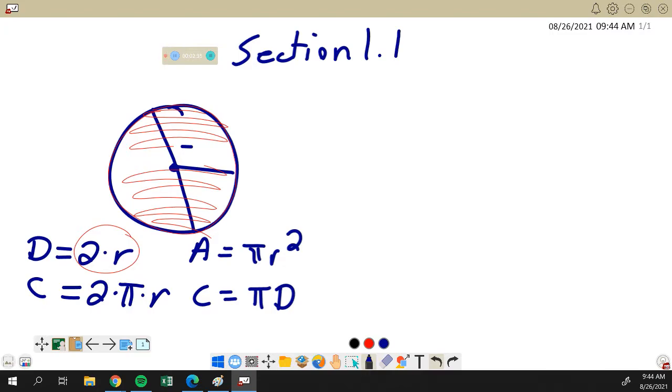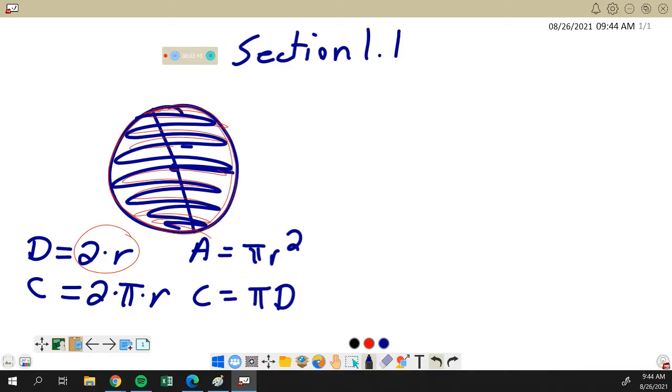How do you remember the difference between these two formulas? Well, this is a distance. Distances are measured in inches or meters or feet or miles, right? This is an area. Area is measured in square feet or square inches or square miles. So which of the two formulas will square the distance? Only this one, right?